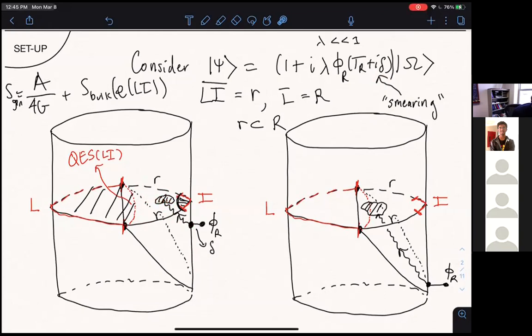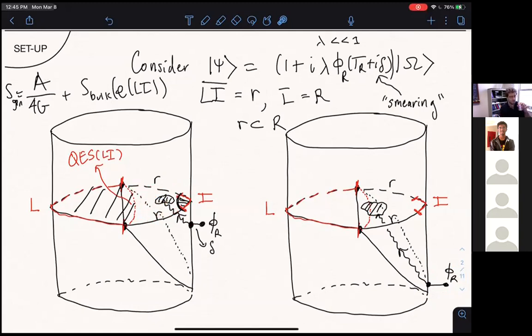So as I move my excitation farther and farther back, which is this picture, eventually the excitation will have some support which crosses the quantum extremal surface. So in particular here on the left, this excitation is mostly supported in the entanglement wedge of little r. The entanglement wedge of little r is the complement of the entanglement wedge of Li. So it's everything that's not, it's all of this region here. Sorry, right? There's one, Adam.